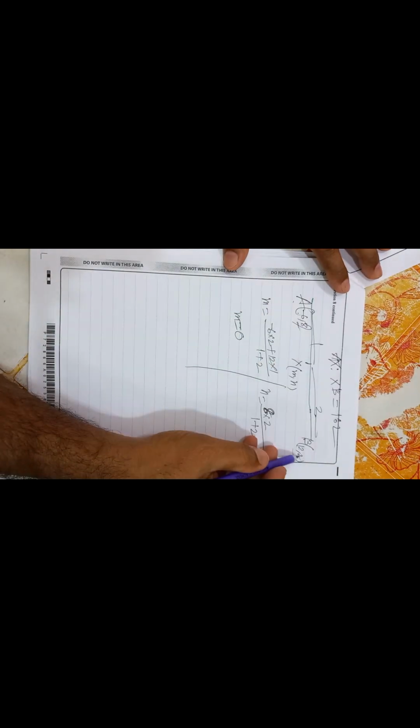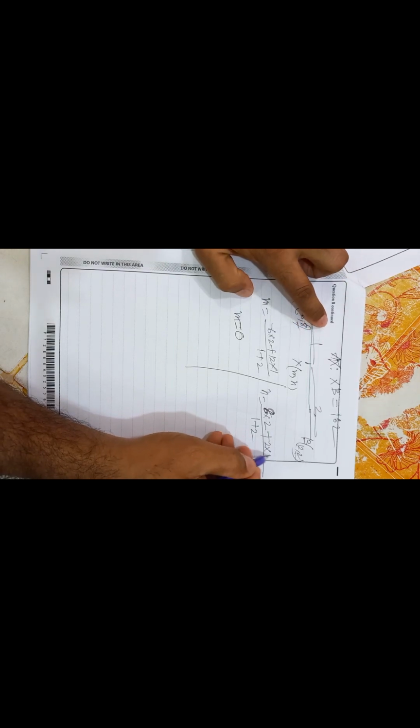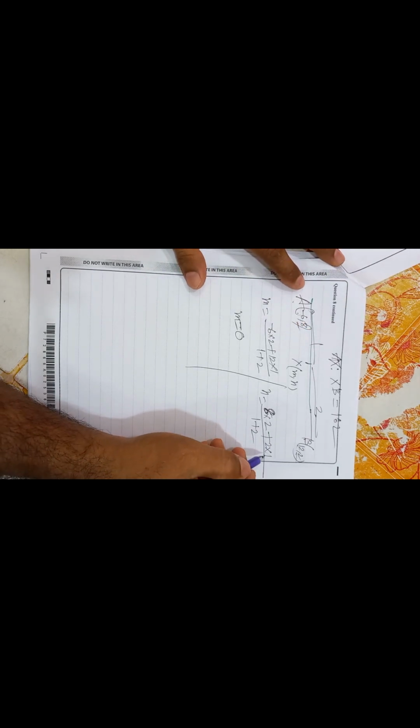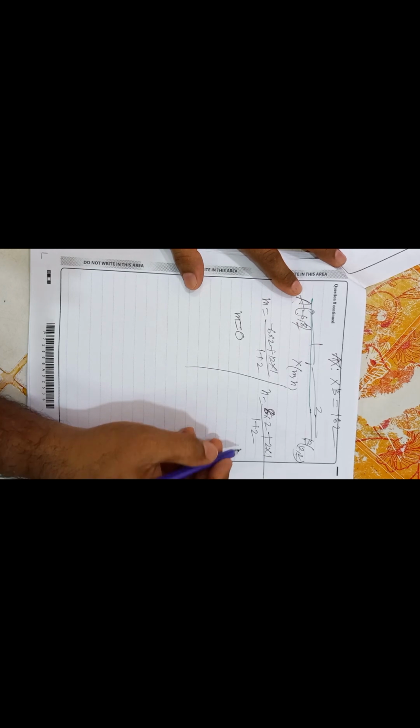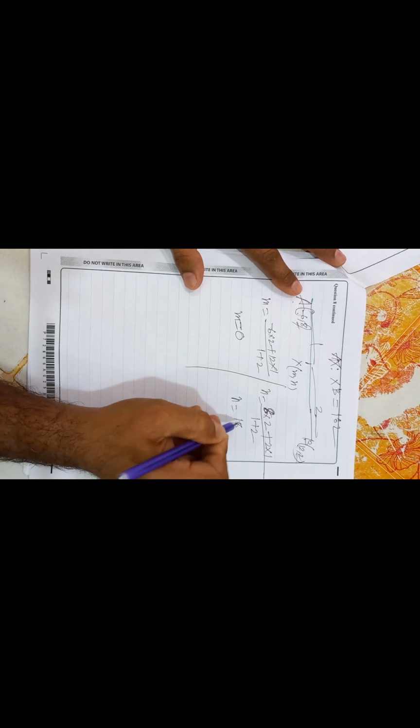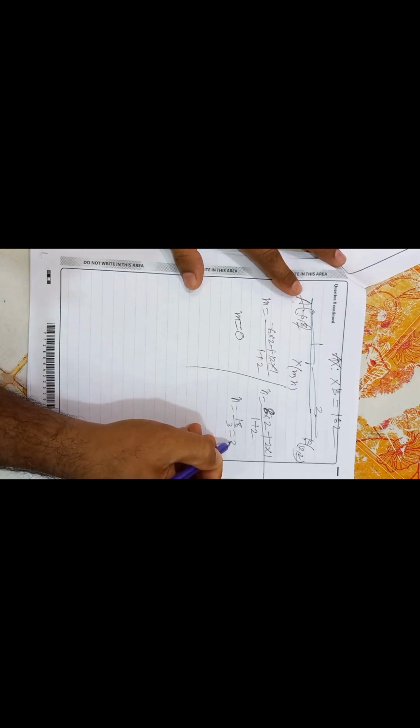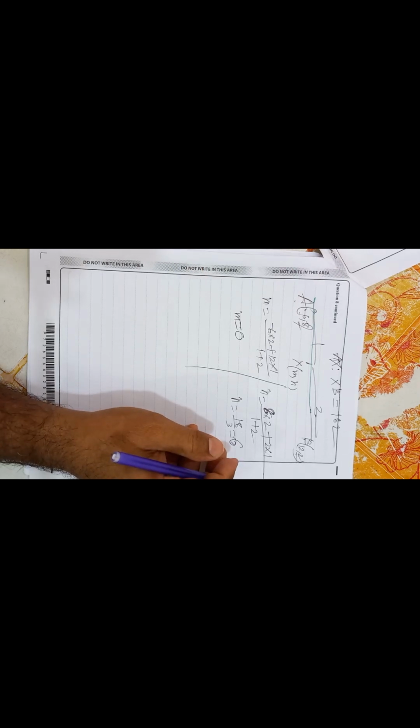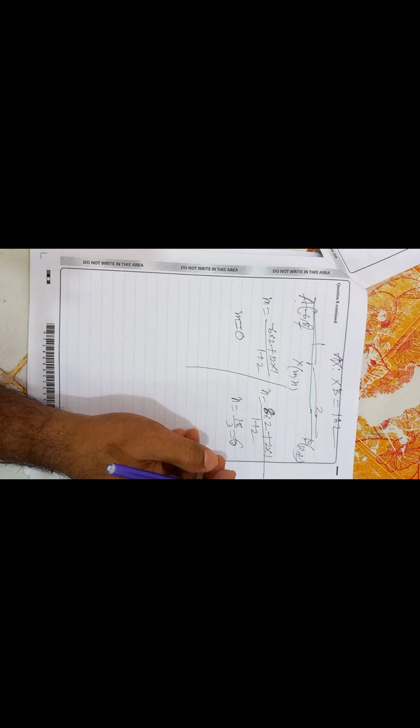Here y is 8 times 2 plus 2 times that ratio 1, so 16 plus 2 is 18. That is n equal to 18 by 3, that is 6. M equal to 0, n equal to 6 we have got.